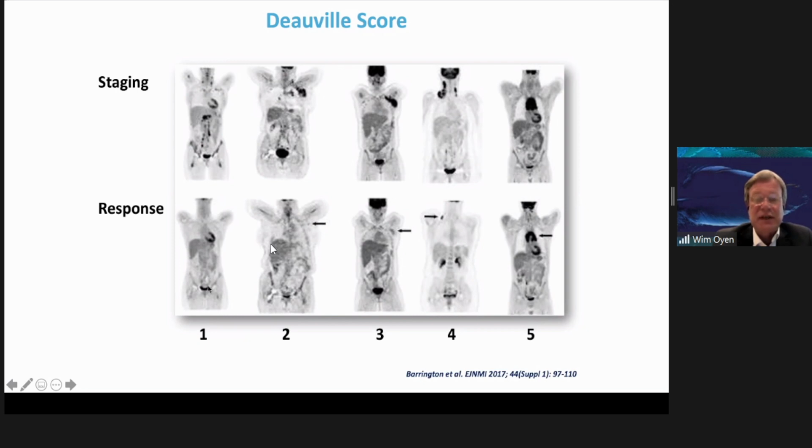So this is a complete metabolic response. In Deauville 2, there is some markedly increased uptake at baseline in the left axilla, and a very faint lesion at follow-up. And this is also a complete metabolic response.